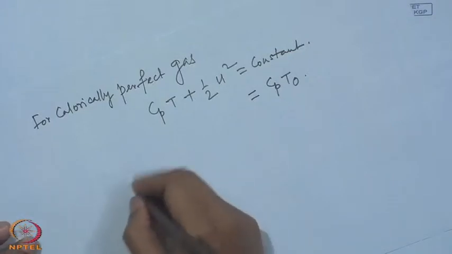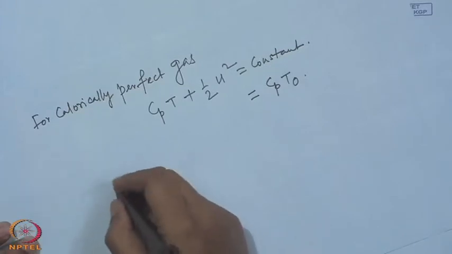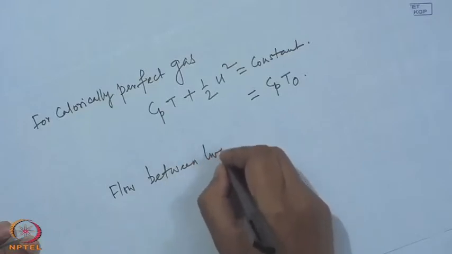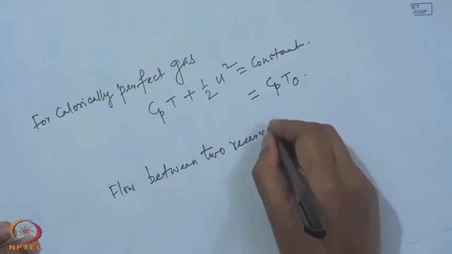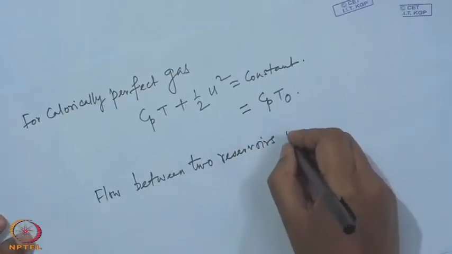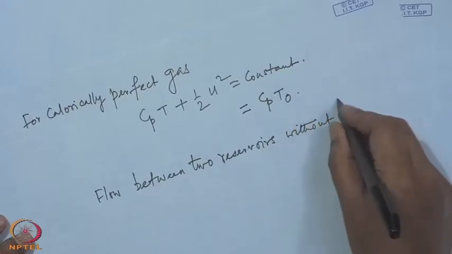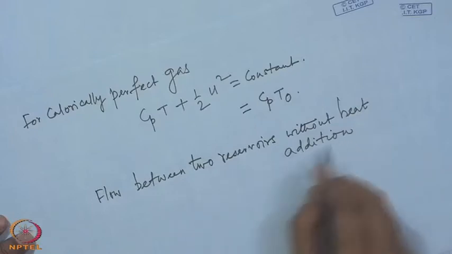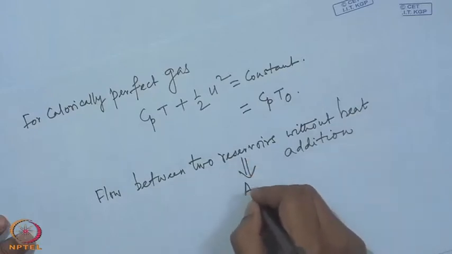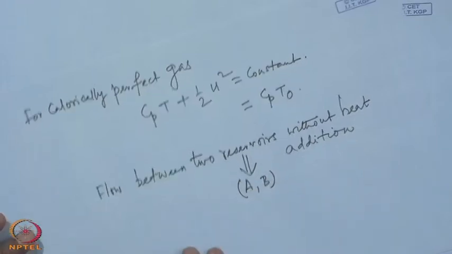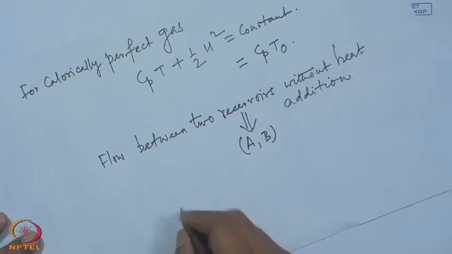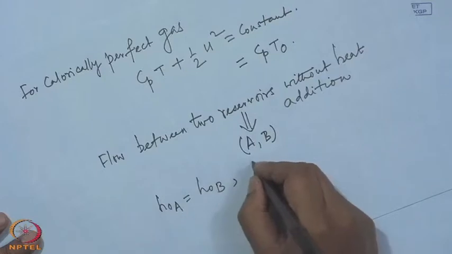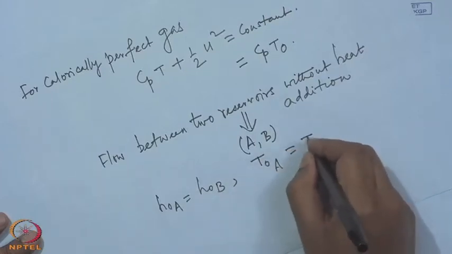For flow between two reservoirs, denoted as reservoirs A and B, since no heat is added, the stagnation enthalpy of reservoir A is the same as the stagnation enthalpy of reservoir B, and similarly the stagnation temperature of A is the same as the stagnation temperature of B.